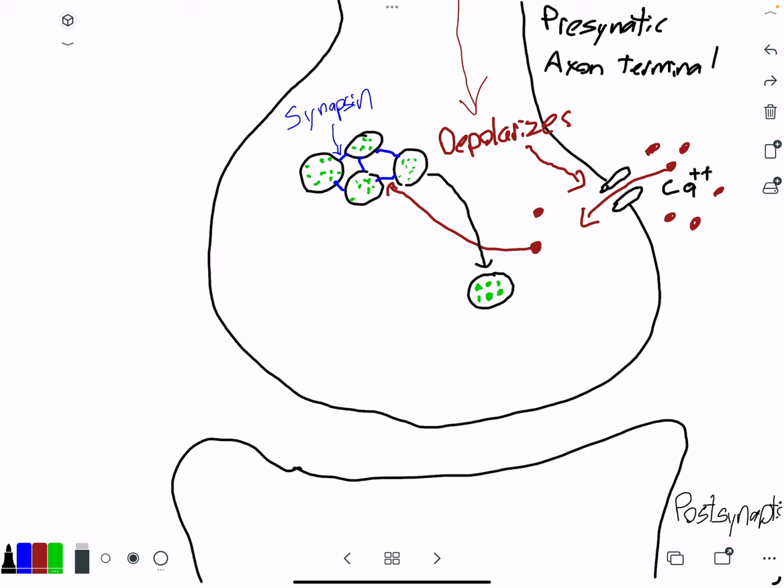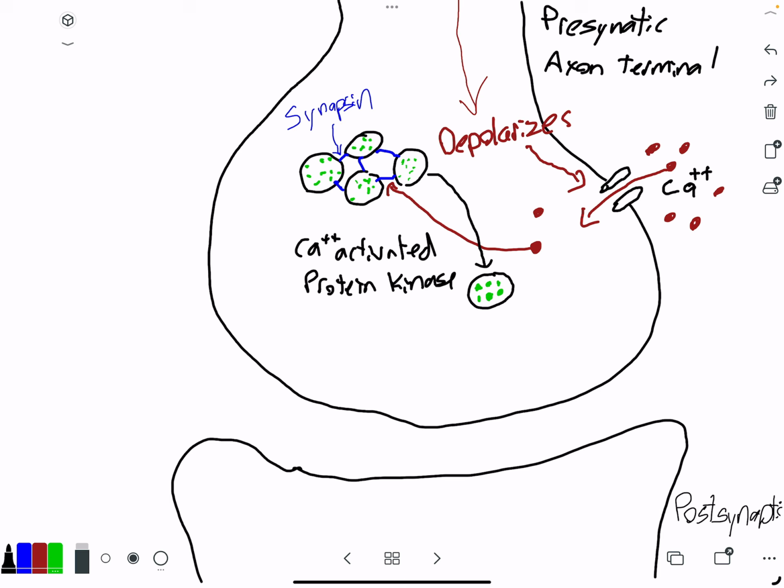And it does this by activating something that we can generally call calcium-activated protein kinase. For those of you who have taken cell biology, this might be familiar. Protein kinase is a very general term for a protein that phosphorylates another molecule.